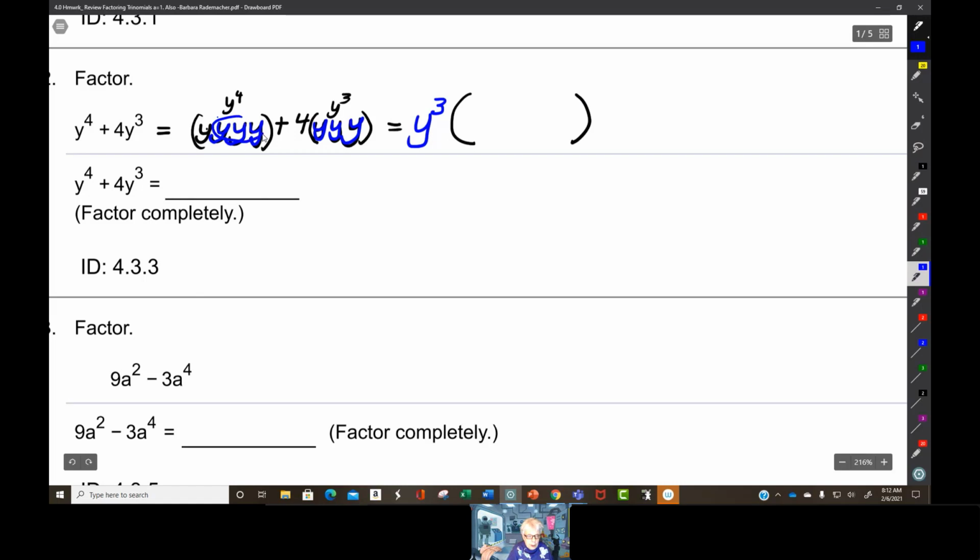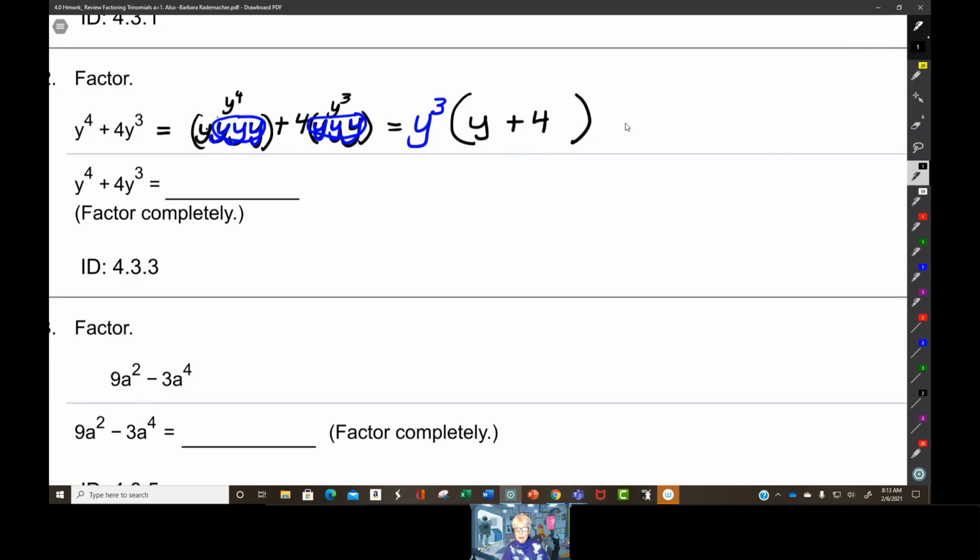Y to the 3rd and y to the 3rd gives me y to the 3rd, and I am left with 1 y in the first term and a +4 in the second term. And I can't break this down any further.